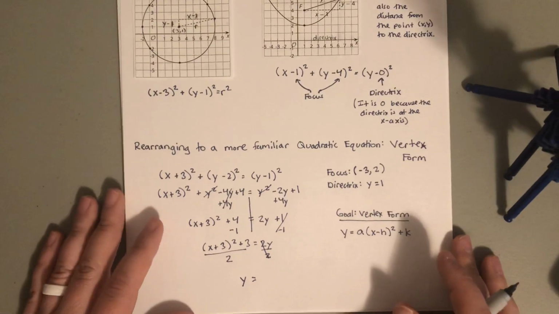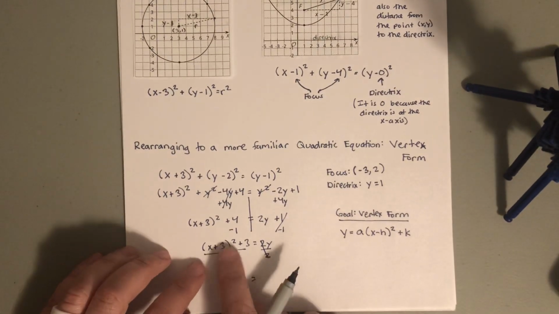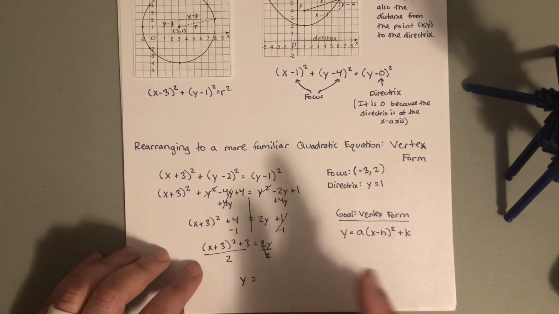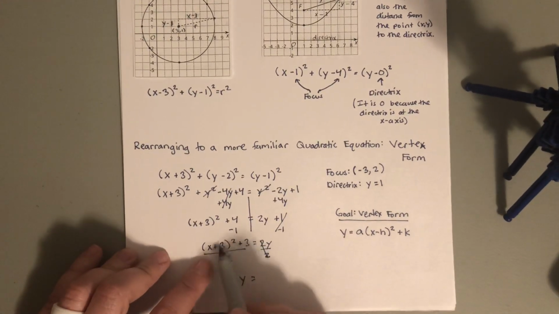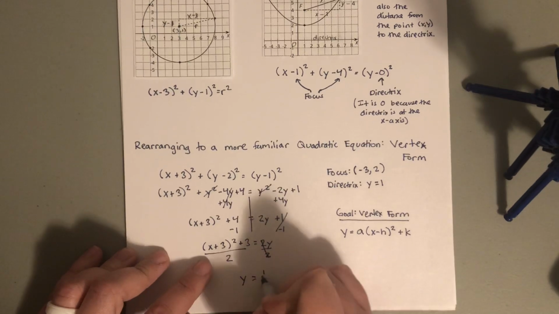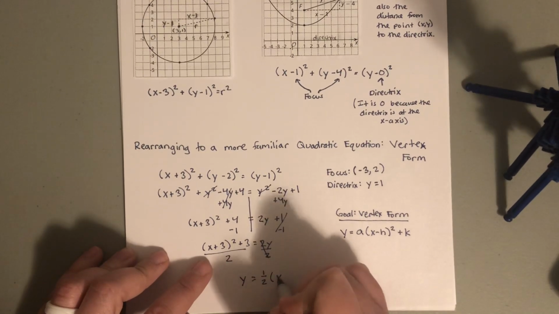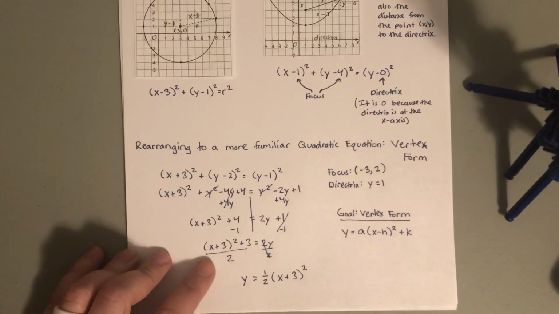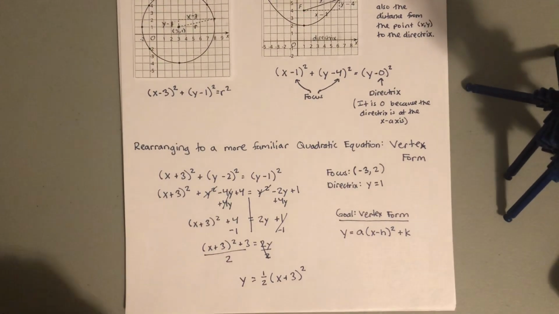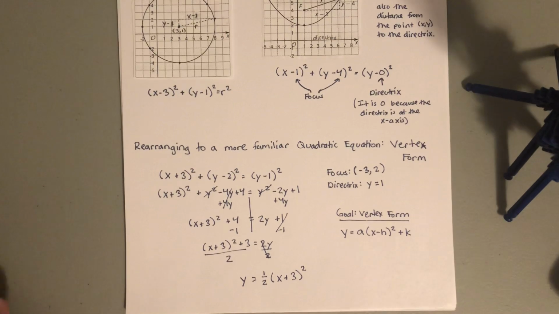On the other side, I'm going to divide each of these by 2. Now, this first one, when I divide the (x plus 3) squared by 2, I'm actually going to multiply it by 1/2 instead. So it looks like that. Only because dividing by 2 and multiplying by 1/2 are the same thing.